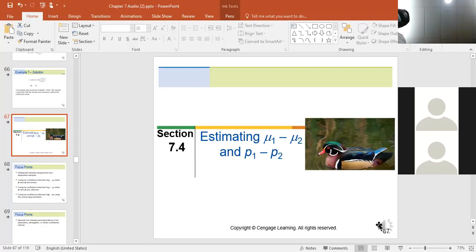So when we have two population parameters that we want to compare, we want to make sure that the samples that we use are independent of each other. Because we were only able to discuss independent random variables when we were dealing with the standard deviation and the variance.